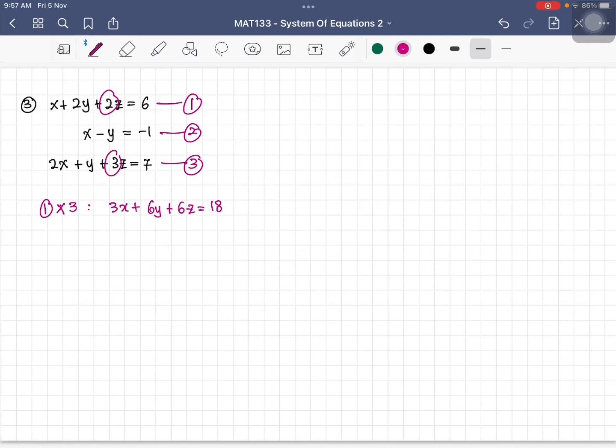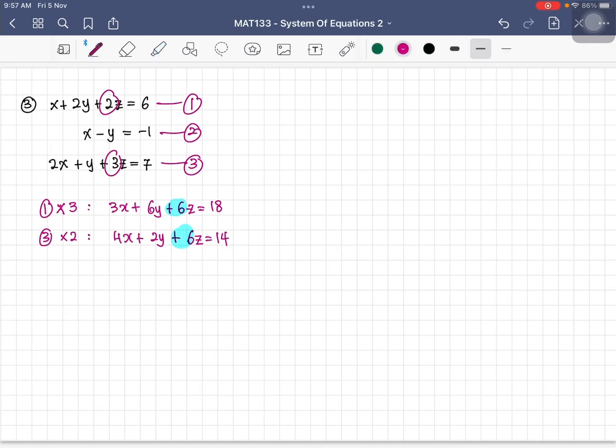For equation number 3, I multiply by 2, so that I now have 4x plus 2y plus 6z equal to 14. Please take note that the coefficient of z is now the same.